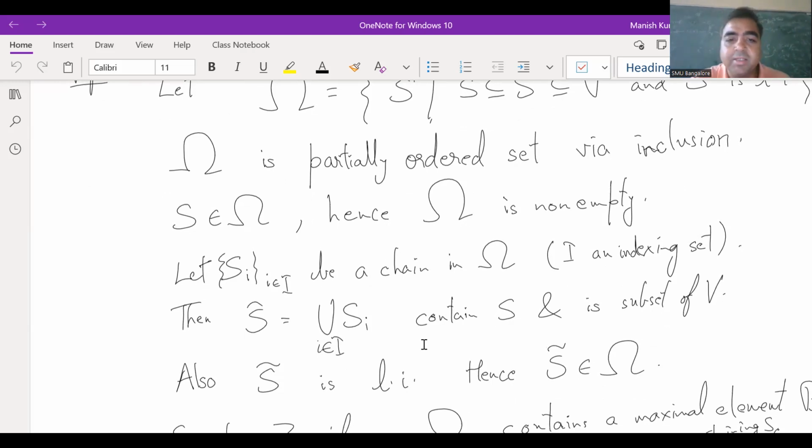That is also clear, because if you take any finitely many elements in S tilde, then they are contained in some S_i. So what does linear independence mean? Maybe I'll write a bit of the argument here.